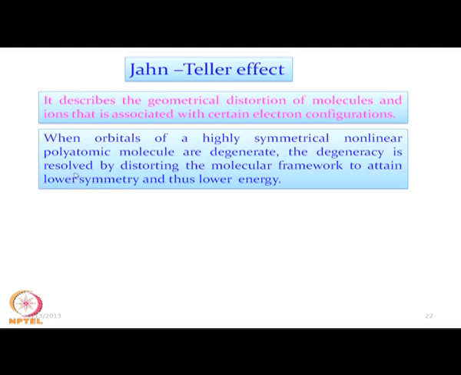Degeneracy means we have all the levels together. That means we have seen that we have a triplet level, the T2g level, or a doublet level, the corresponding Eg level. So, this triplet level and the doublet level have a degeneracy of 3 and 2. That particular degeneracy will be resolved or lifted if we have a particular type of electronic configuration which will be able to distort the molecular framework to attain lower symmetry, thus lower energy.